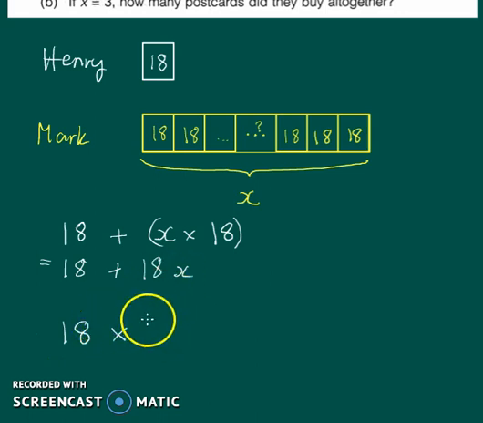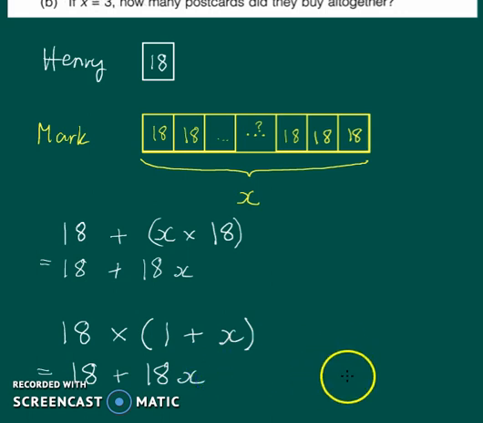So we're going to multiply 18 by, Henry has 1, and then we're going to add that to the amount of bundles that Mark has, which is, well, we don't know, X. And if you use the distributive principle, you know that 18 has to multiply across 1 and then also across X. So if we expand, we're once again going to get 18 times 1 is 18 plus 18 times X, which is 18X. So that's your answer in terms of X.